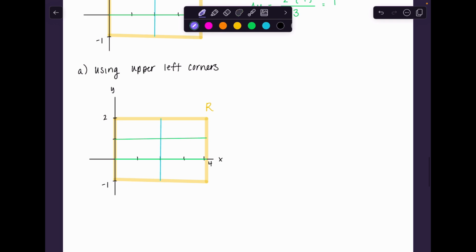If I want the upper left corners, I basically have 6 boxes, 1, 2, 3, 4, 5, 6. On each of these 6 boxes, I want to use the upper left corner. So that would be this one right here, here, and then these last 2. These are the points that I'm going to use to approximate the height.